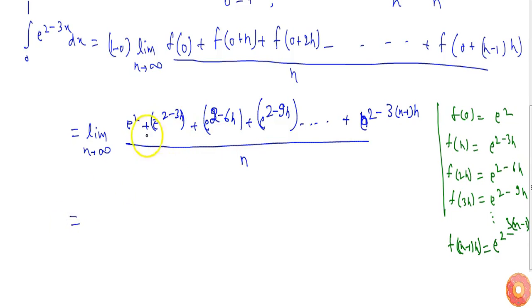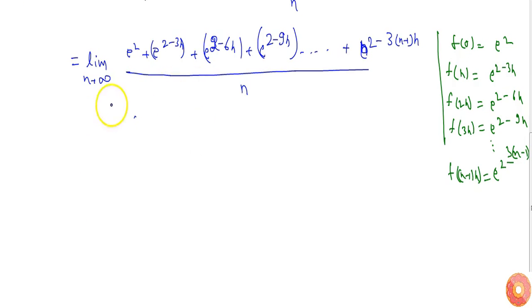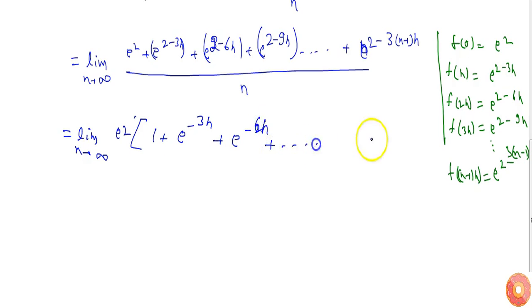Since e square is common in every term, I can take it out. So e square, and the remaining terms will be 1 plus e power minus 3h plus e power minus 6h plus up to e power minus 3(n-1)h, divided by n.